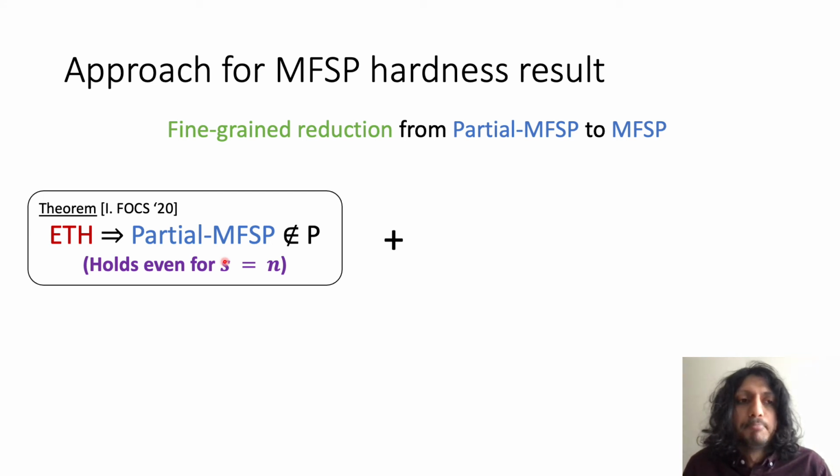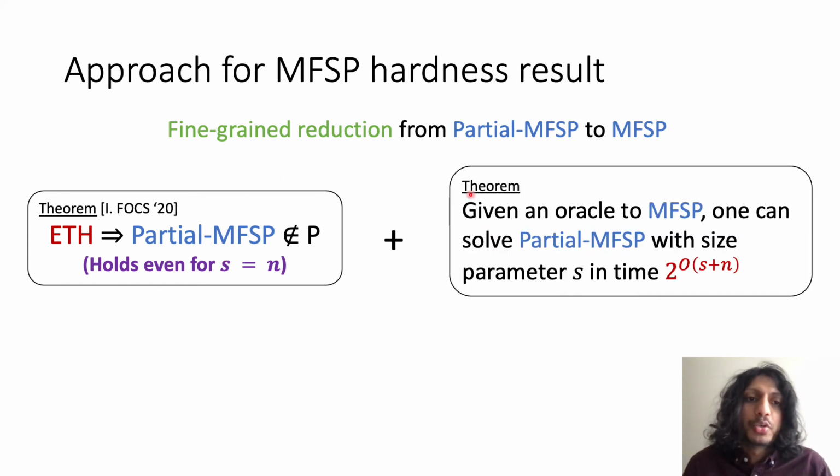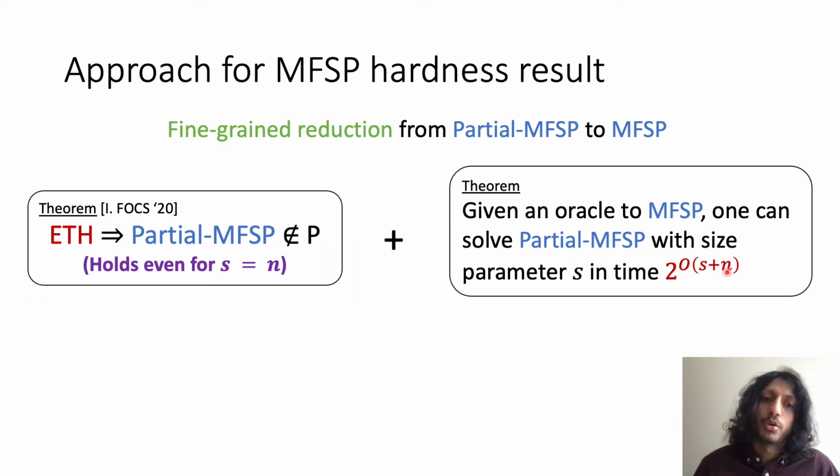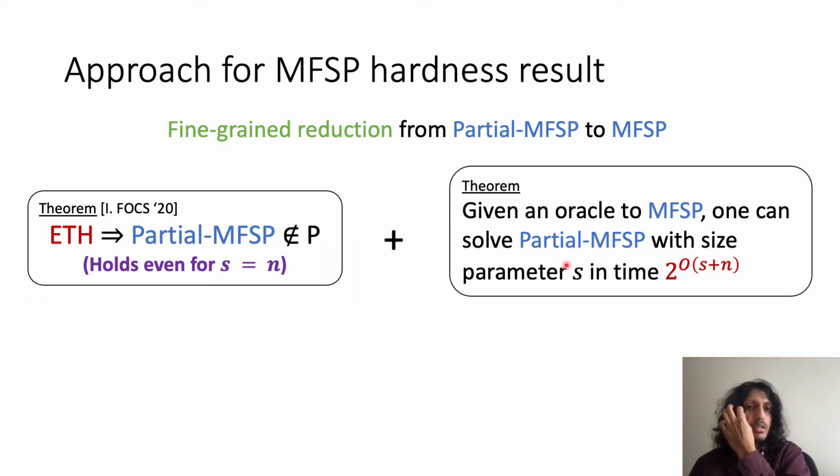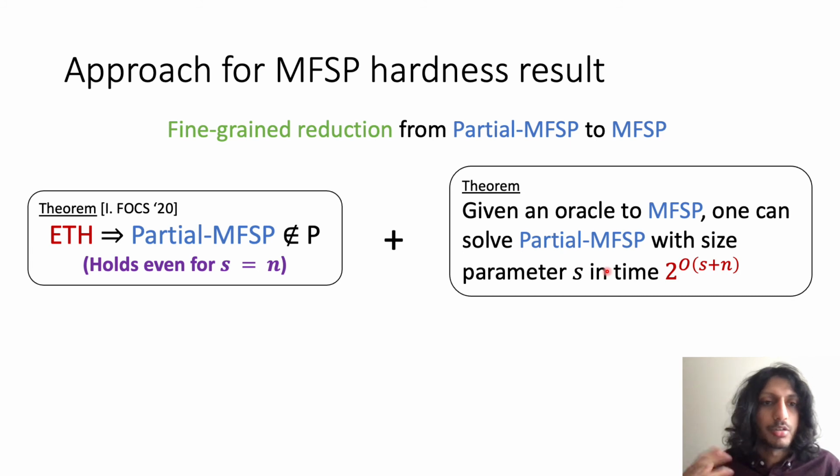And what we do is we combine that hardness result for partial MFSP with a sort of fine-grained reduction from partial MFSP to MFSP. So in particular, we show that if you're given oracle access to MFSP, you can then solve the partial function version of MFSP in time 2 to the order s plus n, where s is the size parameter that you're trying to solve the problem on.